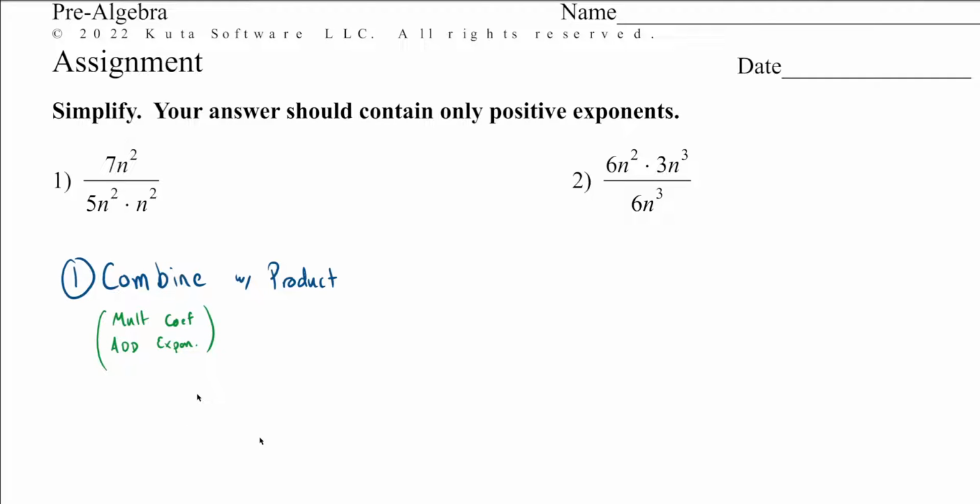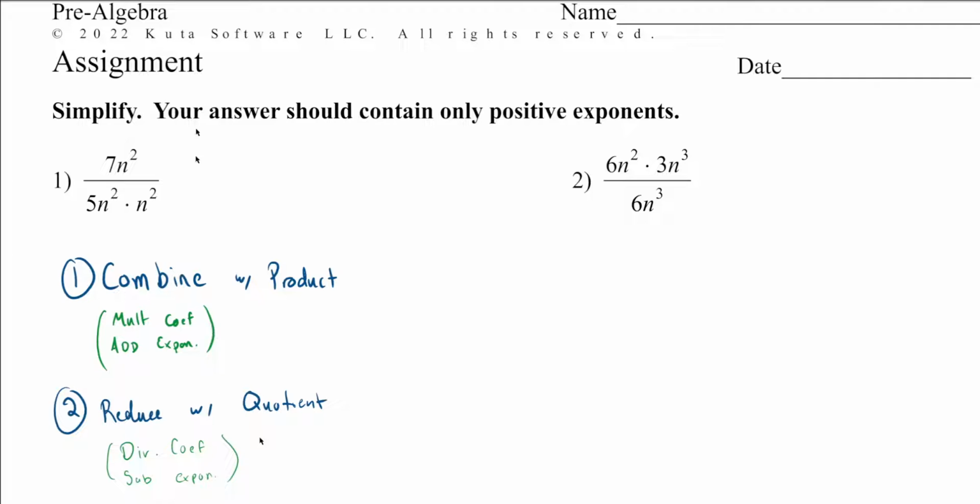And then after we've combined whatever we can, we're going to go back in and do step two, which is to reduce using the quotient property. And once again, for those of you playing at home, that's when we divide the coefficients and then subtract the exponents.